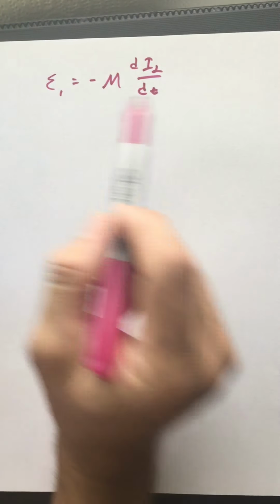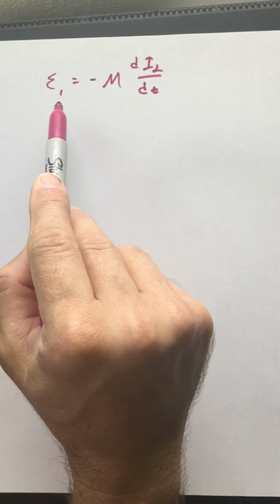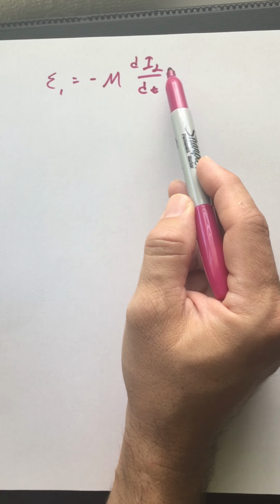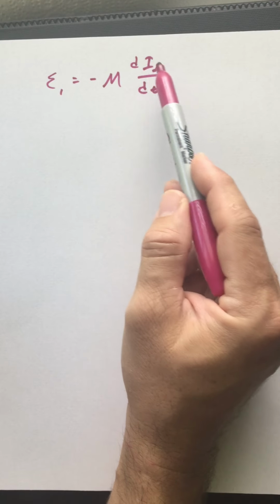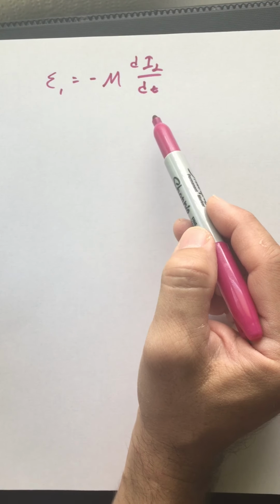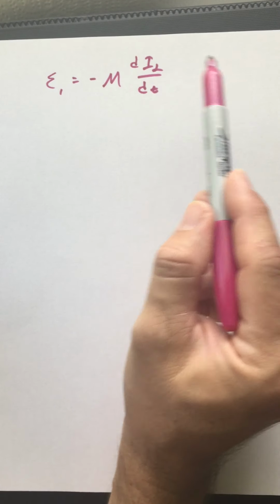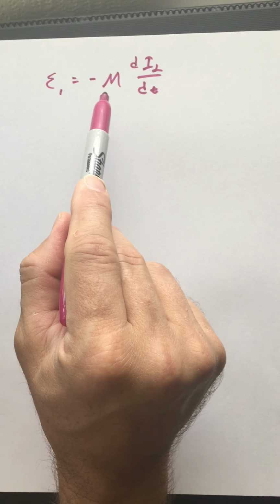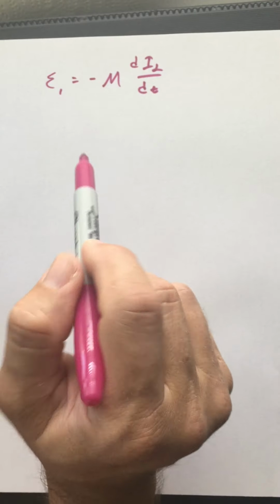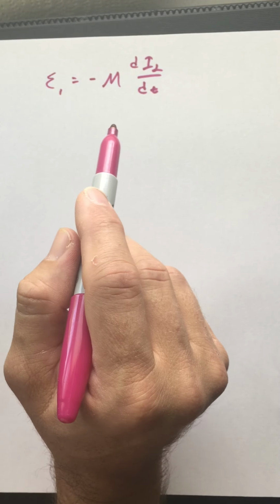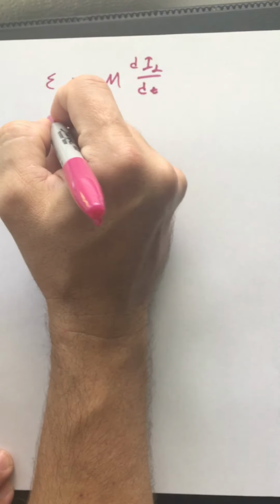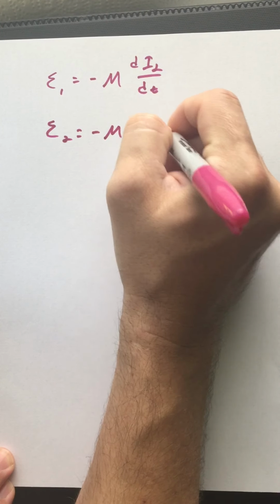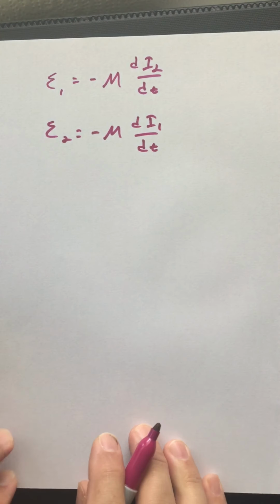This should make some sense. What is producing the change in flux through coil 1? It's the change in current in the other coil, right? So dI2/dt is how the current in the other coil is changing, which through the proportionality constant of the mutual inductance gives you the EMF induced in coil 1. Of course, E2 will be minus M dI1/dt.